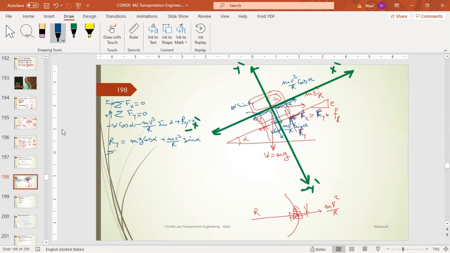For sigma fx, and this direction is positive, we have the following.